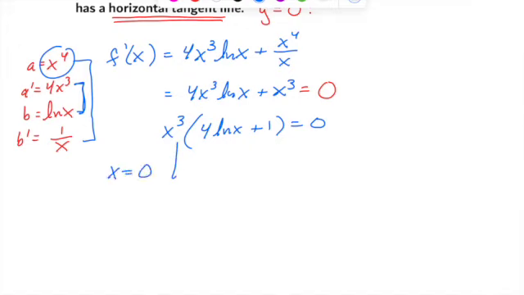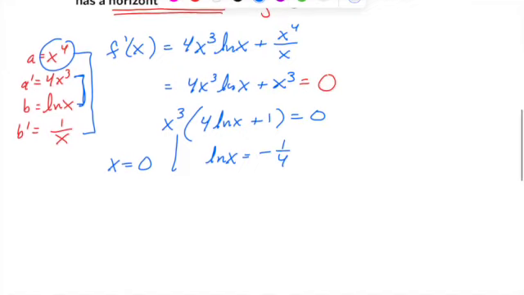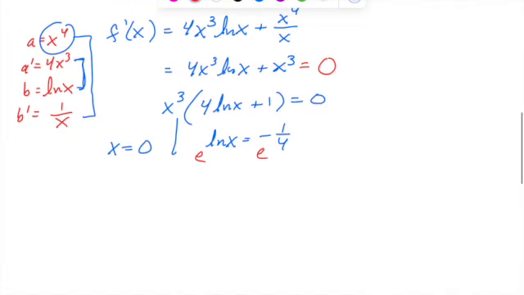And here you're going to get a solution of, well, ln of x equals negative 1/4 when you subtract 1 and divide by 4. And then to solve for x, if you're a little rusty with your ln's, this is where you can raise e to each side, or it's called exponentiating the equation, because that's the inverse operation.